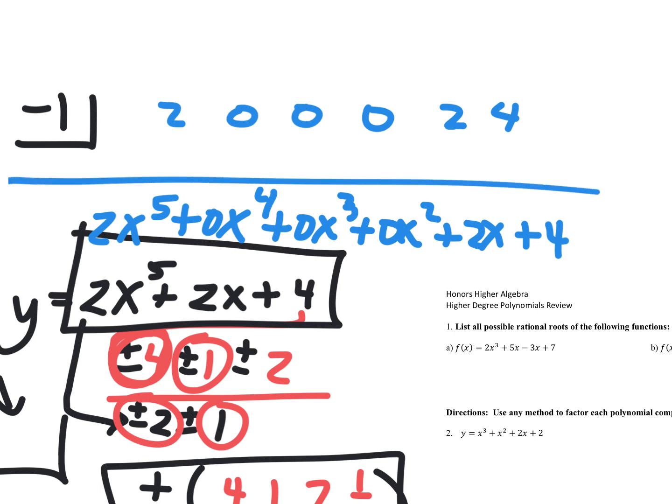That's called synthetic. That tests you on 3 things. Do you know how to find the roots? Do you know synthetic? And then do you know how to translate the synthetic? Like what does the answer mean?